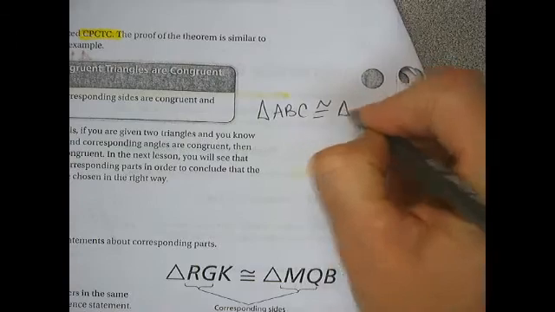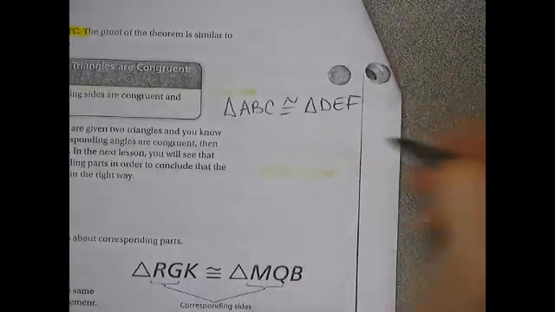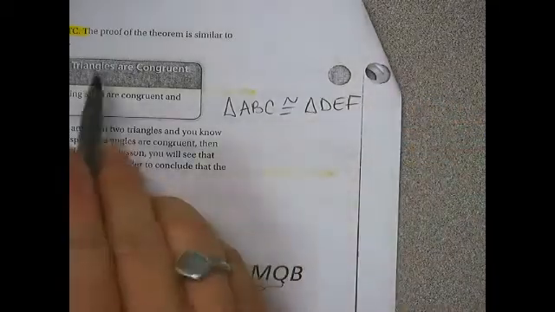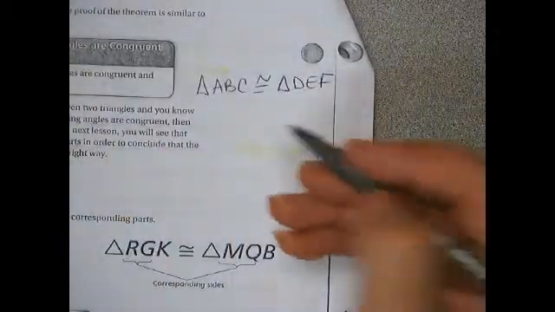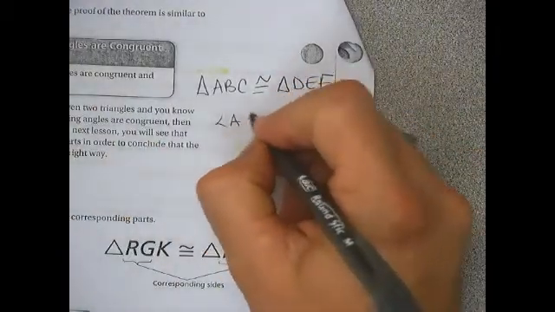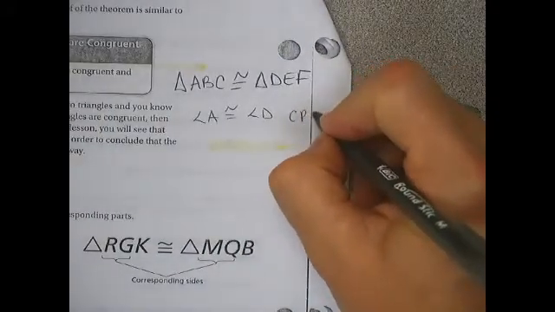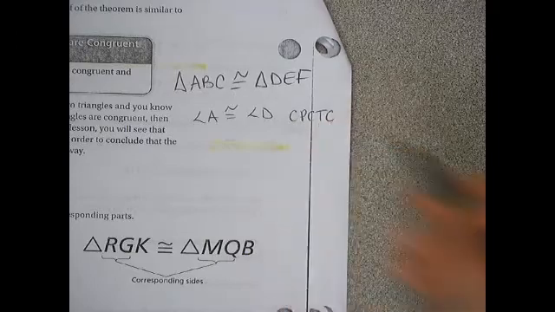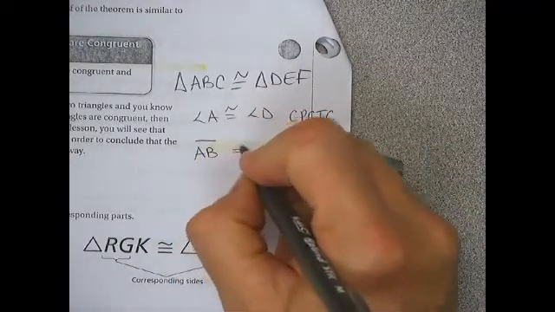Okay, so in a proof, you can see how this would work. If this is your given, if you're given that two triangles are congruent, you can automatically come up with 6 different statements because we know corresponding parts of congruent triangles are congruent. So if you needed in your proof to show that angle A is congruent to angle D, your reasoning would be CPCTC.